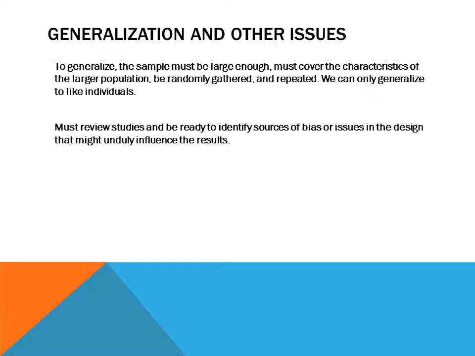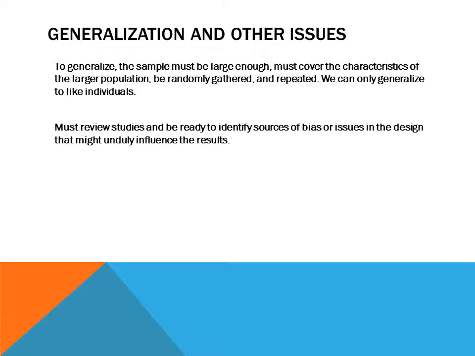And here we have some other issues that can influence whether a research study provides good evidence. And first, generalization is a major factor. To generalize the results of a study to the larger population, the sample of participants has to be fairly large, must cover the characteristics of the larger population, be randomly gathered, and be repeated.